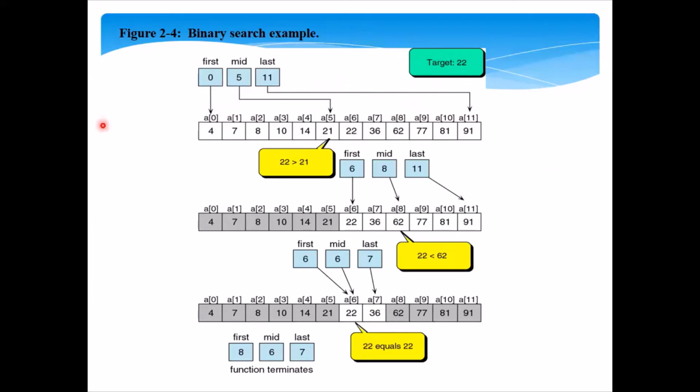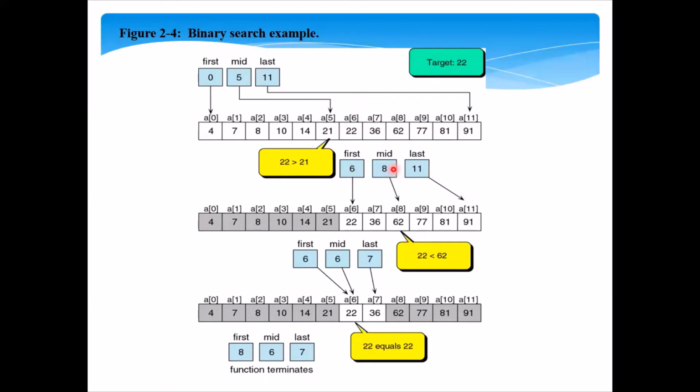The new first will be equal to mid plus 1. Mid, the middle element, is at position 5. Add 1, it becomes 6. So on the second iteration here, we have the first, which is 6, and the last, which is 11. Then how to get the mid, which is 8?